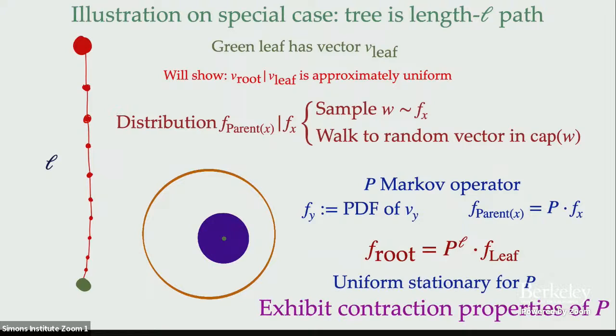Okay. And what's left to be shown, like we want to say that this is uniform. So what's left to be shown is that this is a contracting operator. It contracts the distance between a distribution and the uniform stationary distribution. The uniform distribution over the sphere is the stationary distribution of this Markov operator. So we just want to show that this P operator contracts the TV distance to the stationary distribution.